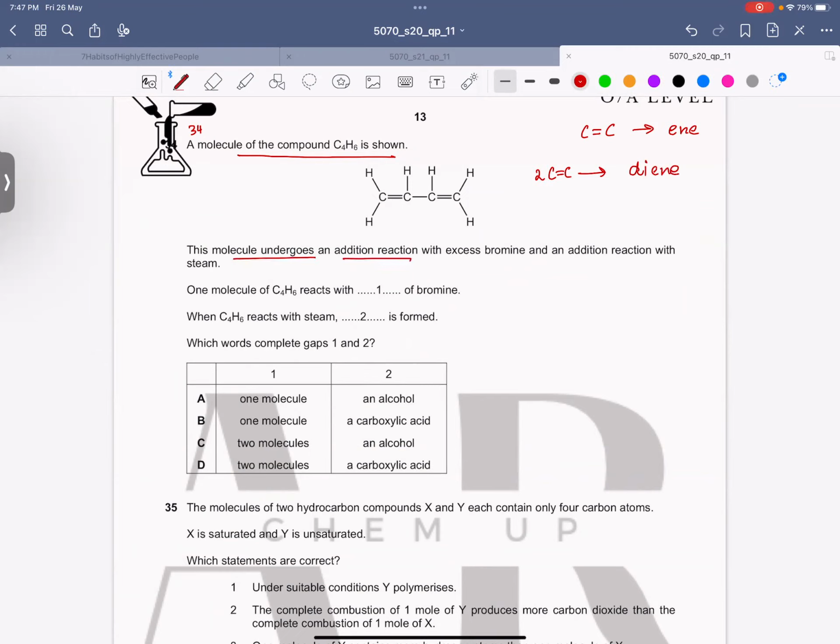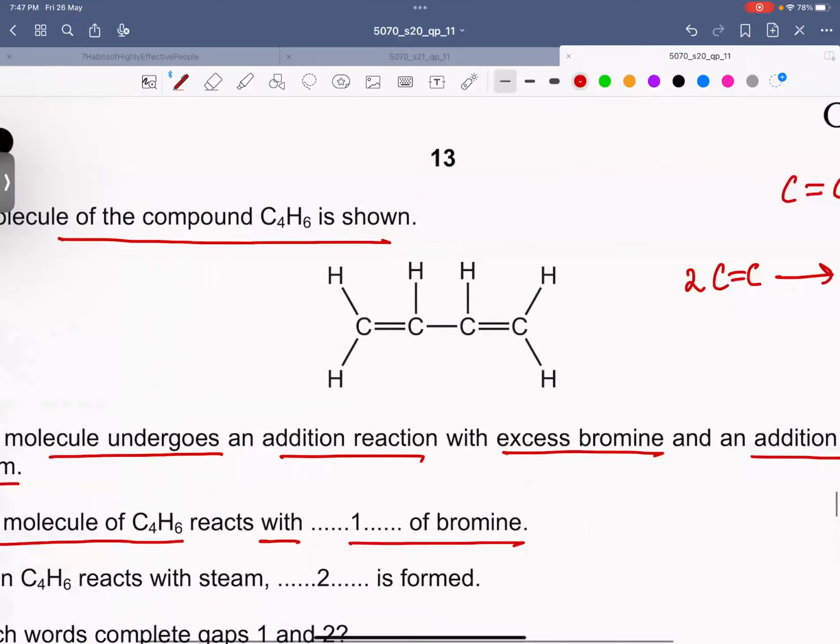This molecule undergoes an addition reaction with excess of bromine and an addition reaction with steam. One molecule of C4H6 reacts with how many molecules of bromine, one or two? There are two double bonds, so these two double bonds turn into single bonds, and the bromine atoms are added to these four carbon atoms.